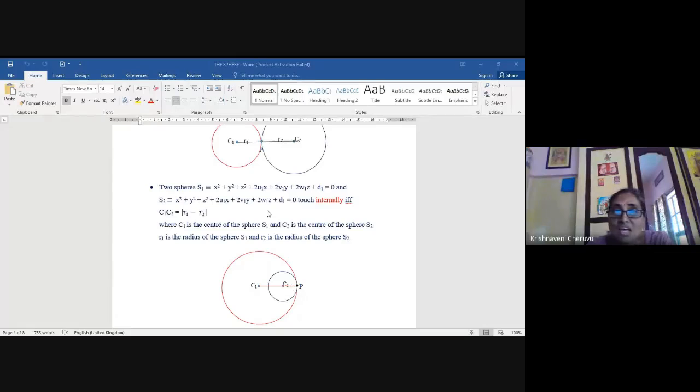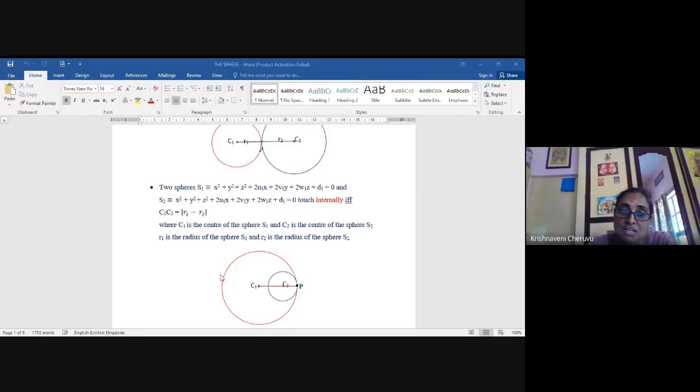Now see, it is different here. When they touch externally, C1C2 is R1 plus R2. When they touch internally, C1C2 is R1 minus R2. See, this distance minus this distance. The distance C1P is R1 and the distance C2P is R2, so we need only C1C2. So C1C2 is R1 minus R2.